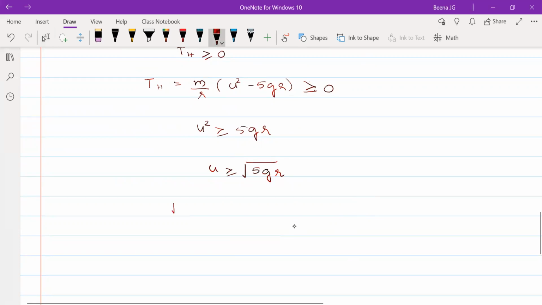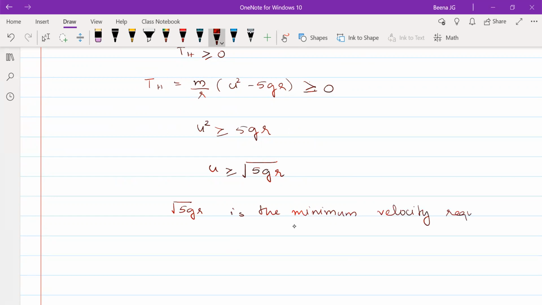So we can tell root 5gr is the minimum velocity required by the particle to complete the loop.